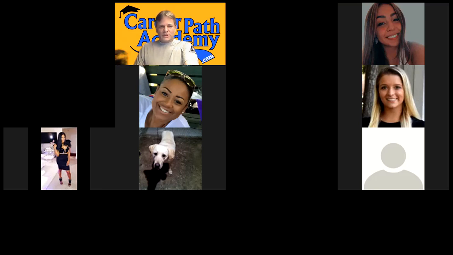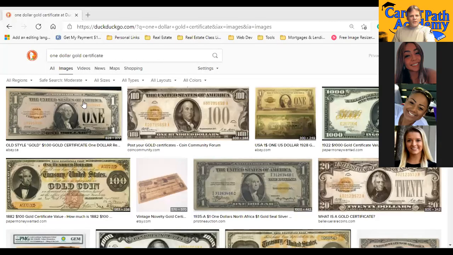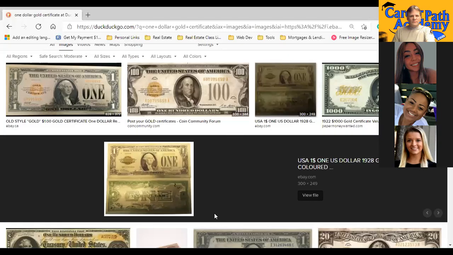Just want to show you what it looks like real quick. Well, over the years, it's varied quite a bit. But these are the way gold certificates used to look. Here, let me see this one. You see, there's a little gold emblem here. Maybe you can see it better on these.